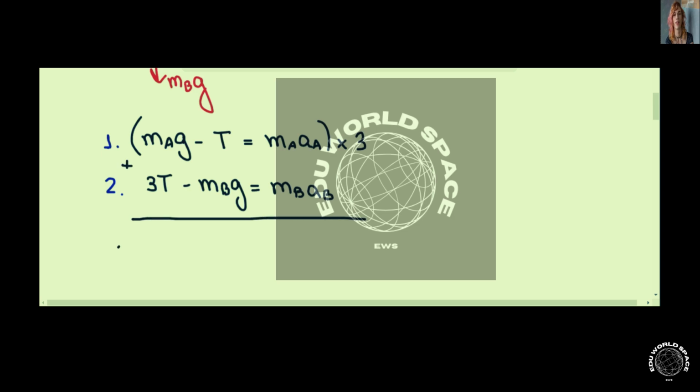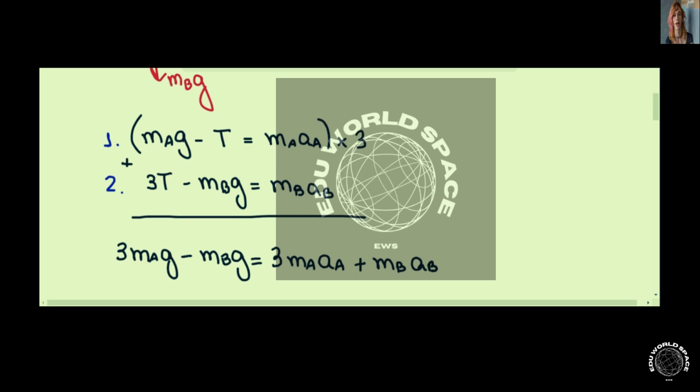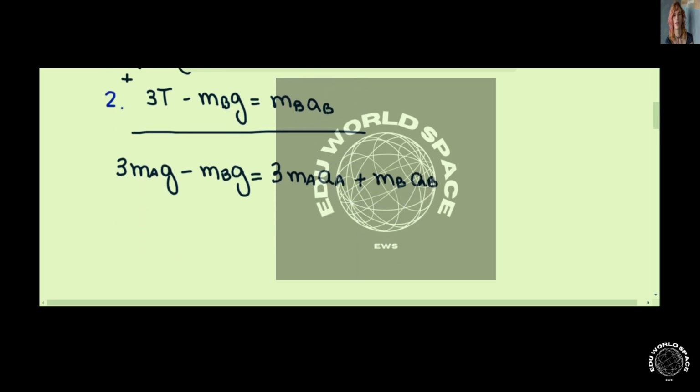So we're left with 3 MA g minus MB g is equal to 3 MA AA plus MB AB. So let's save this equation.